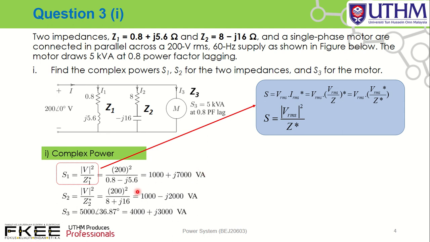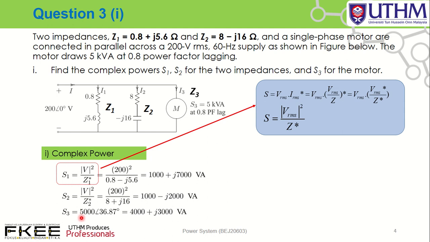Similarly for load number 2, S2 equals V squared over Z2 conjugate, giving the complex power at load 2. The last one is the complex power of load 3, the motor, with apparent power S3 equal to 5 kilovolt ampere at 0.8 lagging power factor. Lagging means inductive load. Please remember, lagging equals inductive load, leading equals capacitive load.